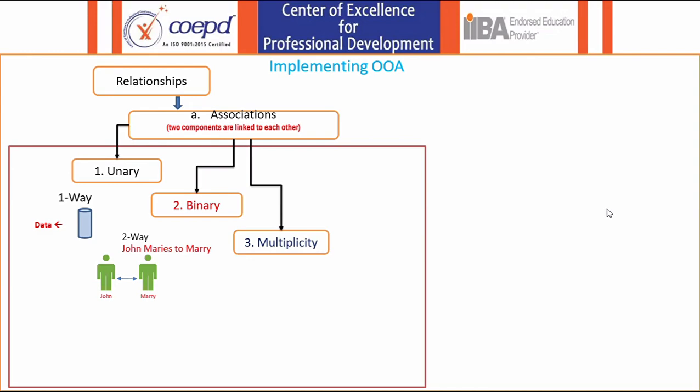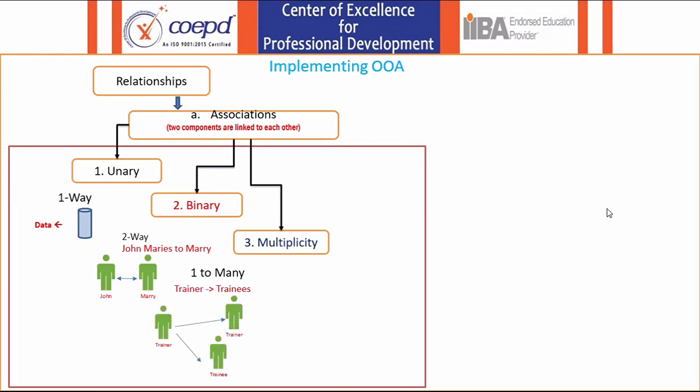Binary means if you apply in that direction, it reflects in the other direction also. Both ways there is an association. And multiplicity means, between you and me, what type of multiplicity is it? One trainer, how many trainees? You are all a number, right? This is the one to many multiplicity.